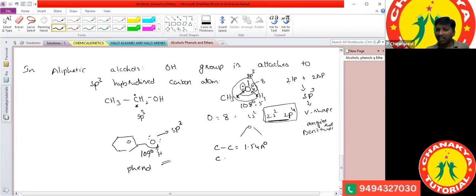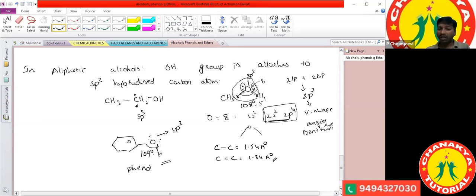In alkenes, the carbon-carbon bond length is 1.34 Angstrom units. So if we compare alkane and alkene, the alkene has the lesser bond length. Similarly, here also, whenever a partial double bond forms, the bond length decreases and the bond energy increases.